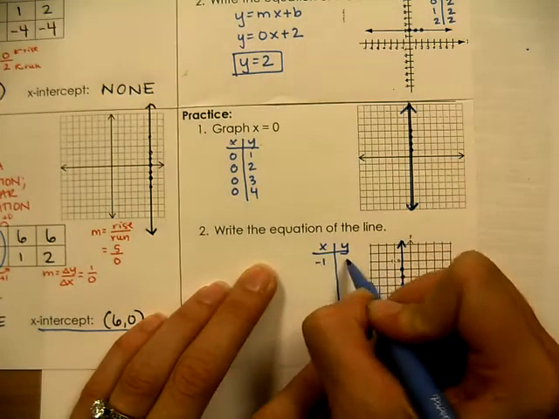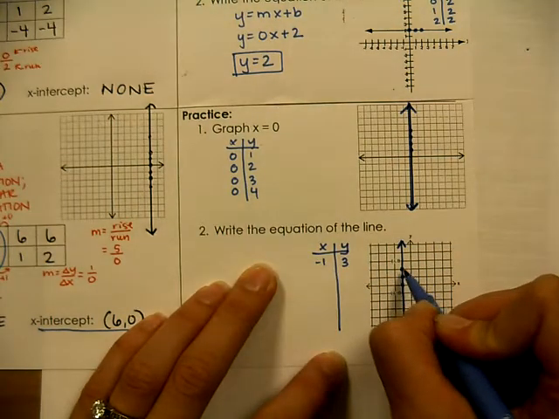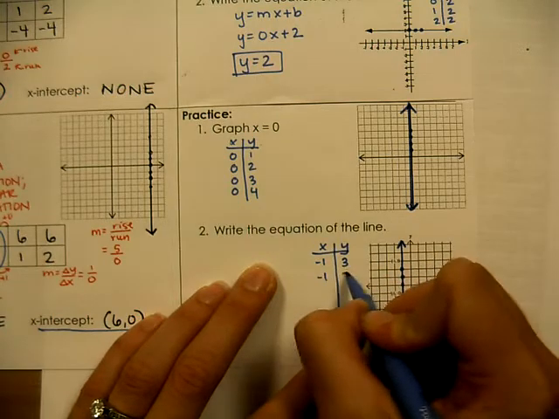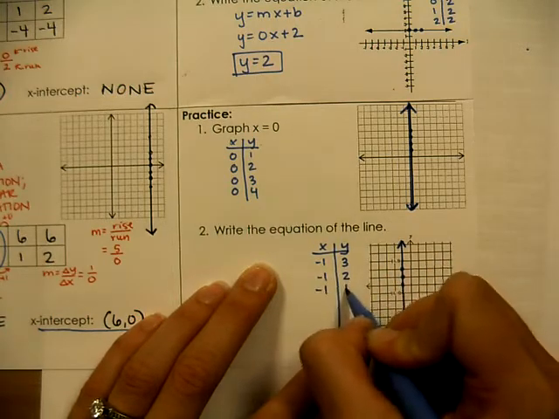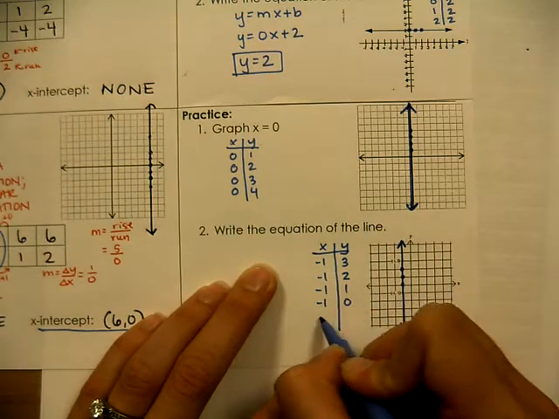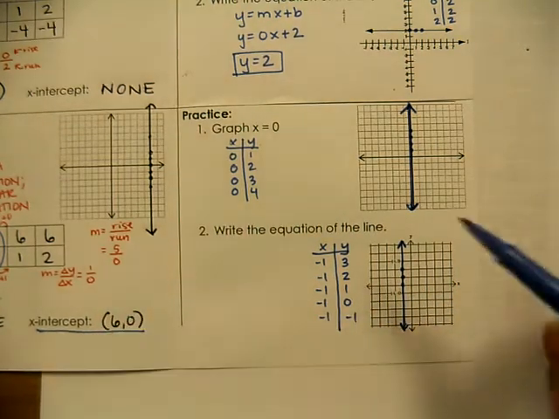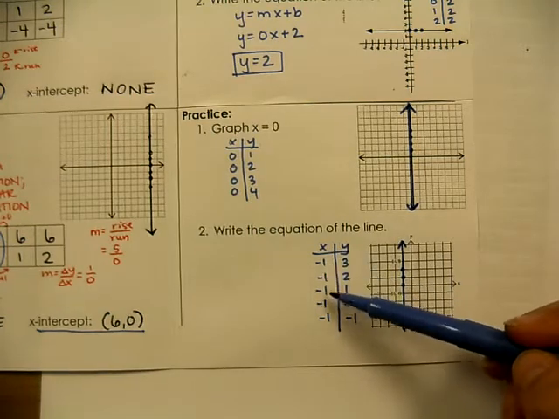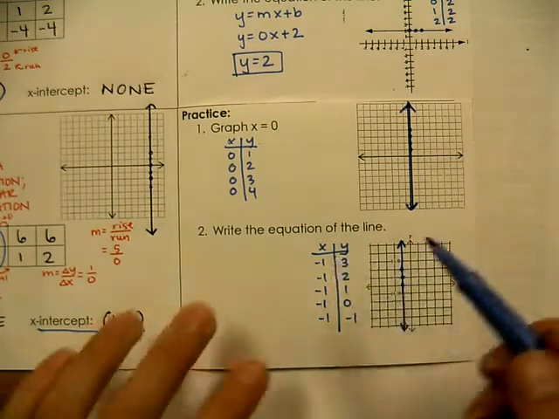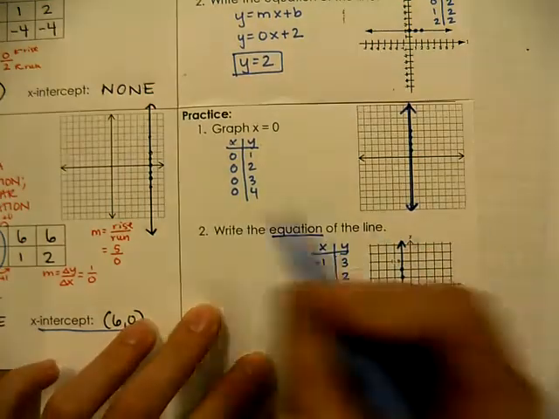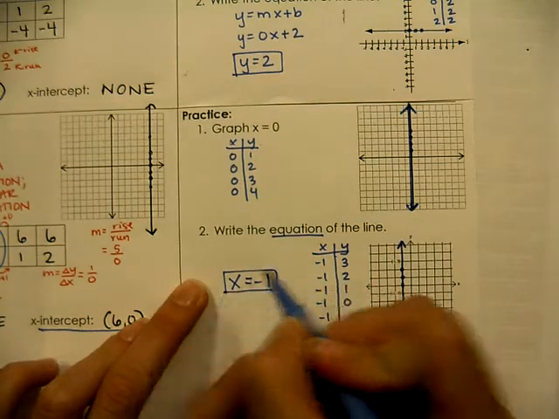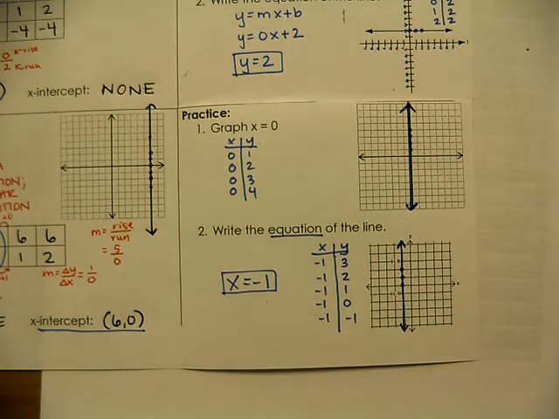We have the point (-1, 3), (-1, 2), (-1, 1), (-1, 0), and the point (-1, -1). And what I notice is x is always negative 1. We have a vertical line where x is always negative 1. So if I want to write the equation, that equation would be x equals negative 1. Again, this is not a linear function. It is just a linear relation.